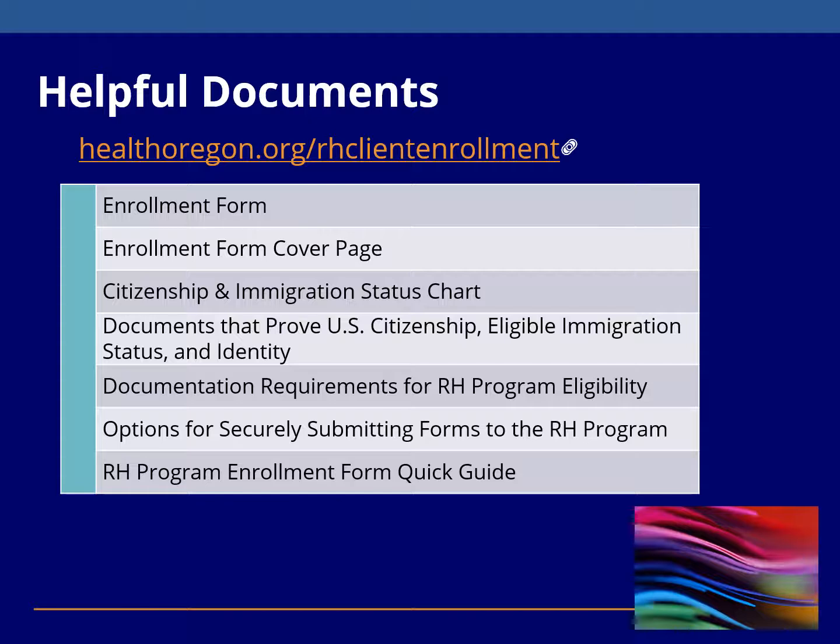Before we get started, this table lists a few documents that might be helpful to have in front of you as you watch this video. They can all be found on our client enrollment webpage, which is healthoregon.org/RH client enrollment. Feel free to pause the video at this point and get these documents before moving forward.